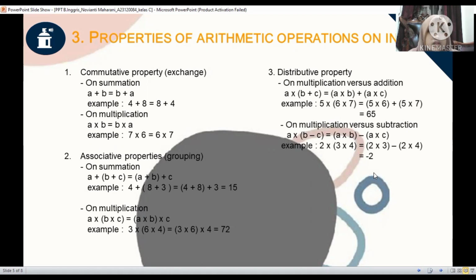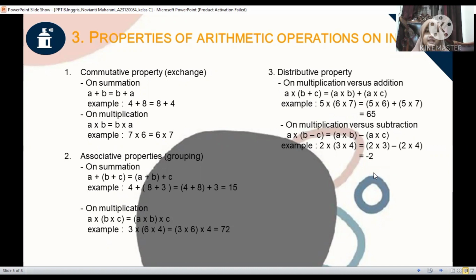The second, associative property or grouping. On summation, A plus in brackets B plus C equals in brackets A plus B plus C. Example, 4 plus in brackets 8 plus 3 equals in brackets 4 plus 8 plus 3 equals 15.